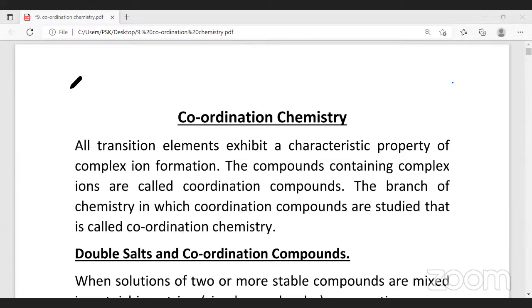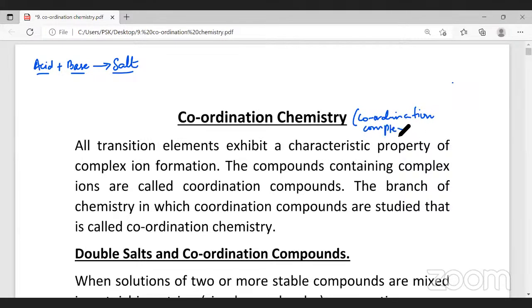Now, we all know that acid and a base reacts to form a salt. Now, this coordination chemistry chapter, what we're learning, is also called coordination compounds, or complexes, coordination complexes.